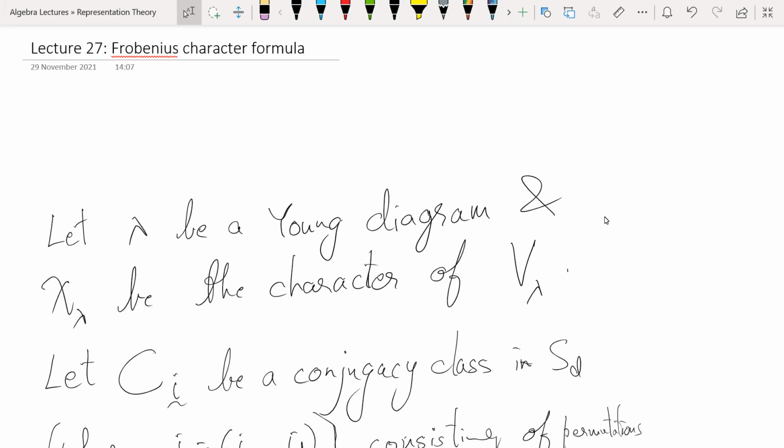As a consequence, we also saw that if lambda and lambda prime are Young tableaus of the same Young diagram, then they are going to be isomorphic.